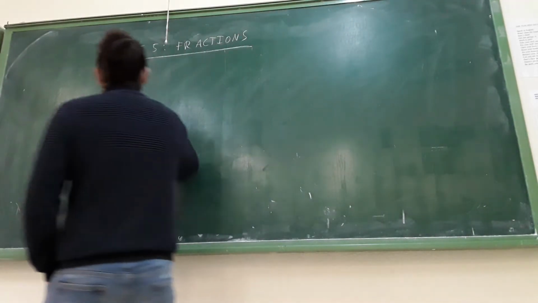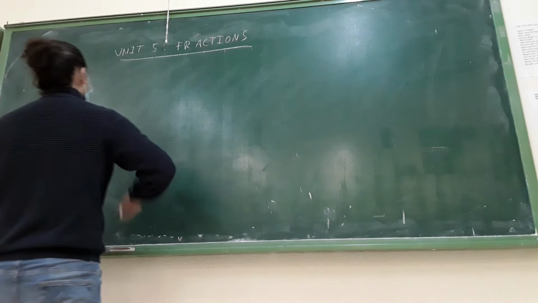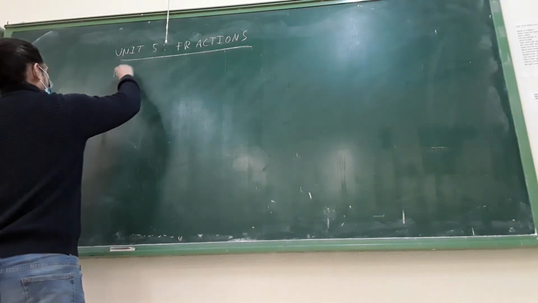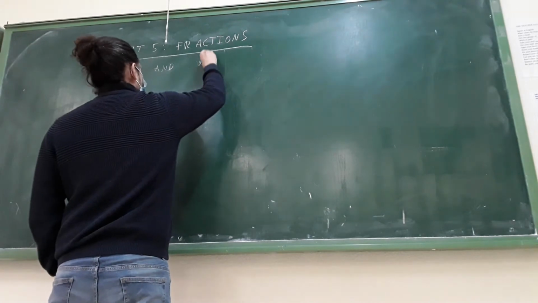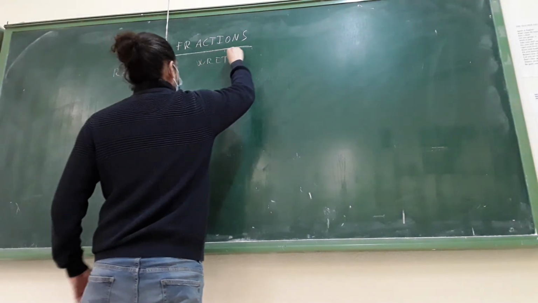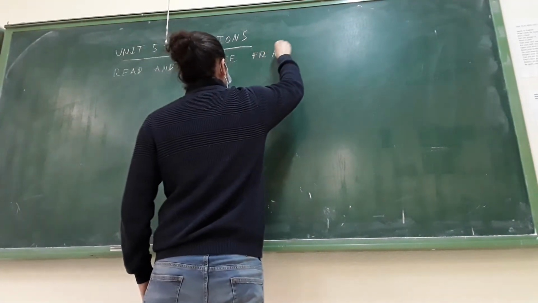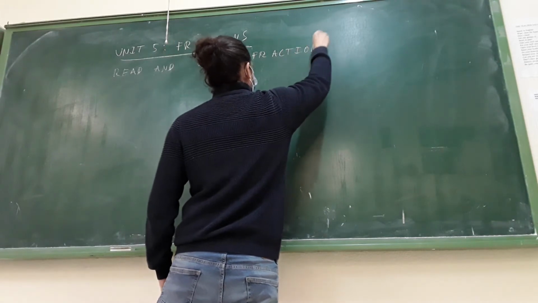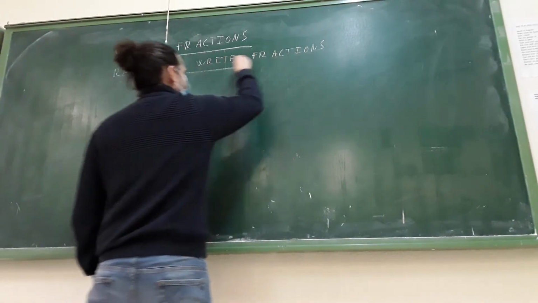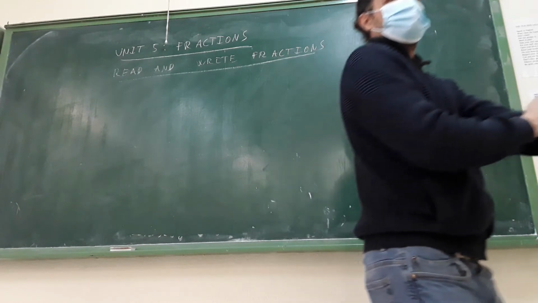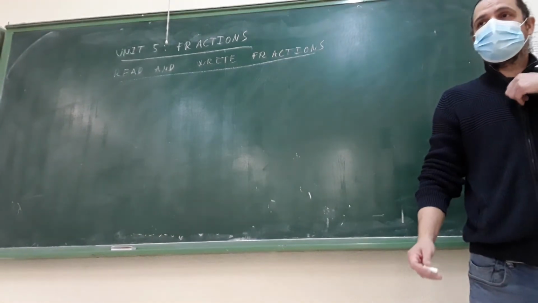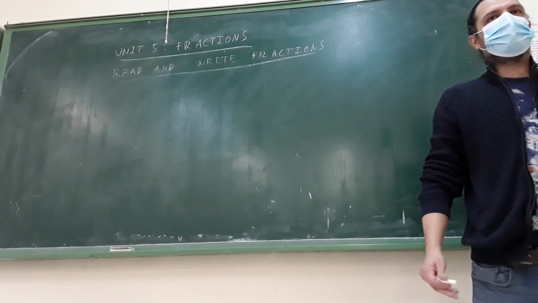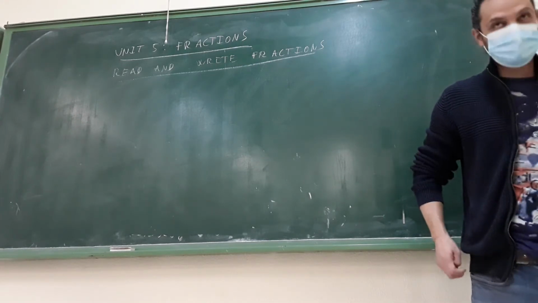That's going to be the first point. We are going to start very quickly with some examples in English and also in Spanish. Maybe you have forgotten how to call un cuarto, 7 novenos.